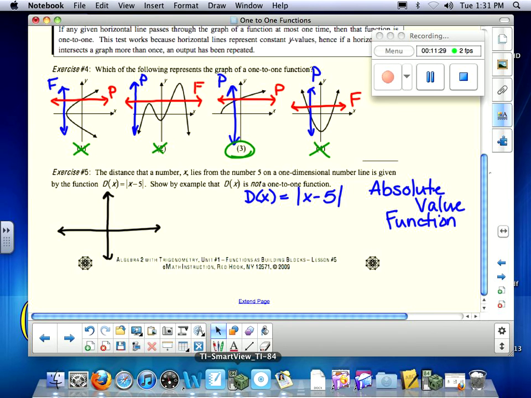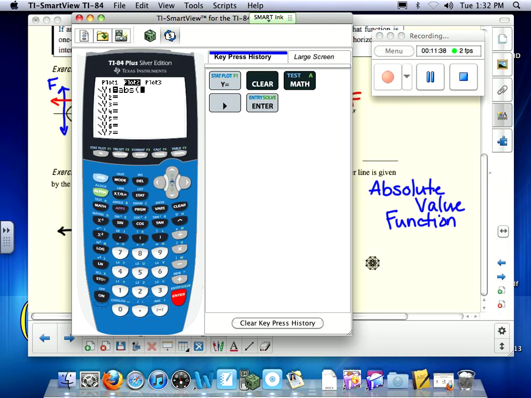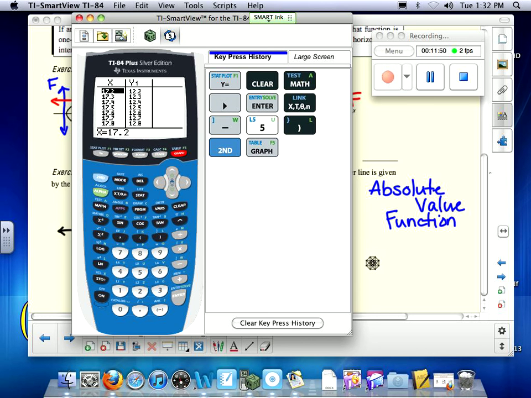Let me jump to my calculator real quick and see what this is actually going to look like. Math, abs. Remember how to get there? Easiest way to get abs: Math, slide over to num, and the very first thing is abs. Let me fix my table.